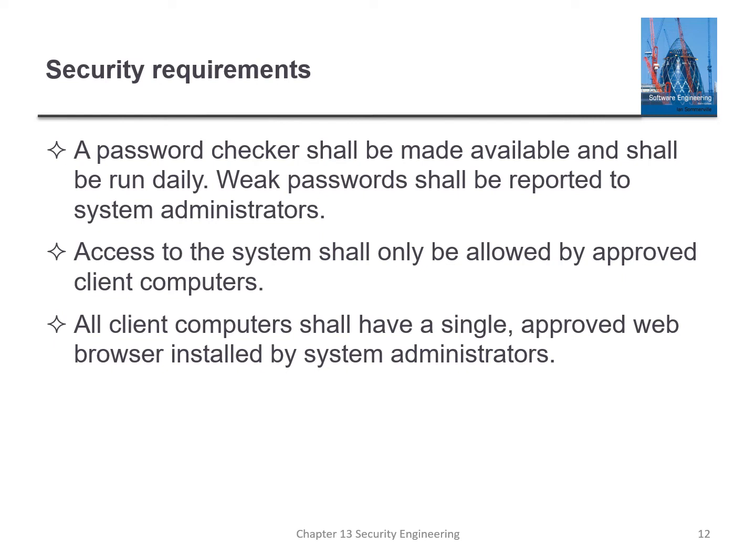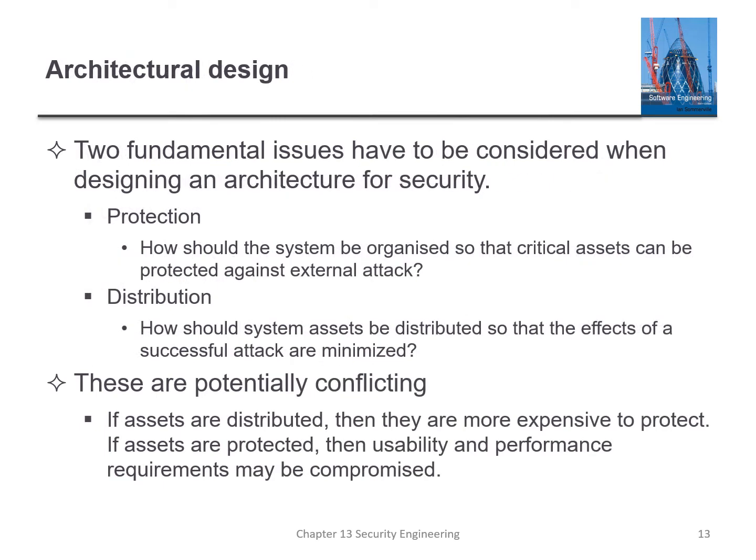Maybe a client should use a browser that has been installed by the system administrator. Okay, we do not simply allow the user to download a different version of browser when accessing the system.